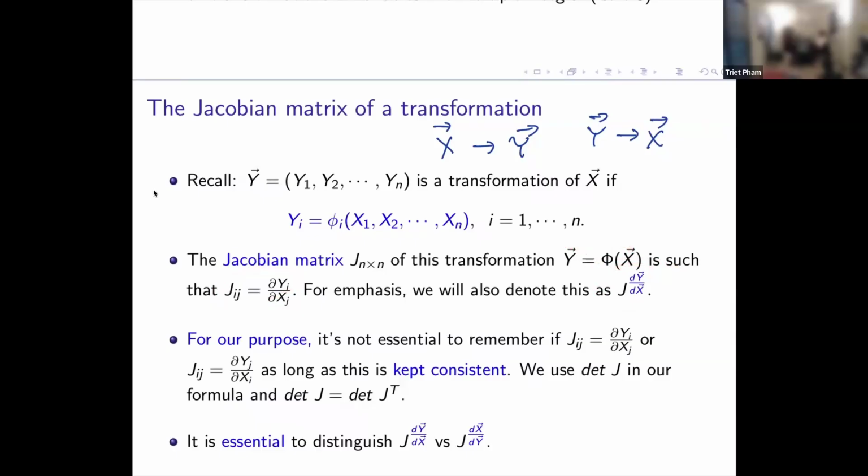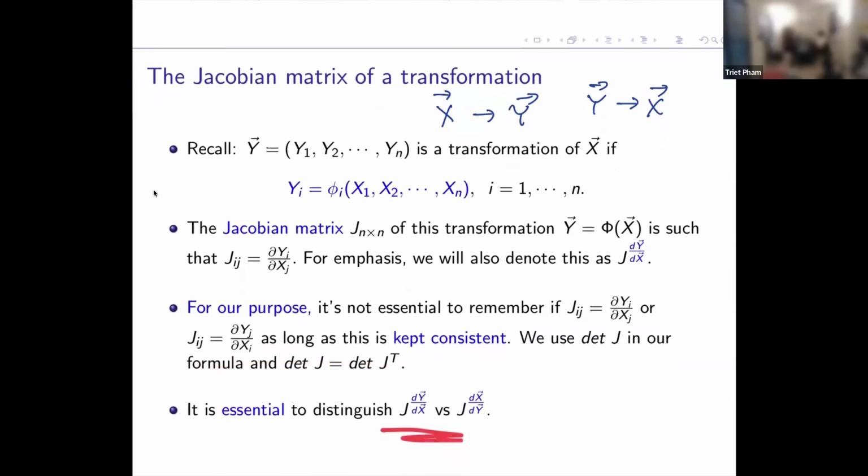But for me, because the Jacobian literally represents that kind of multi-dimensional version of a derivative, we can say d vector y over d vector x as a symbol for it. And there you go. It's essential to distinguish the two directions. Any question?